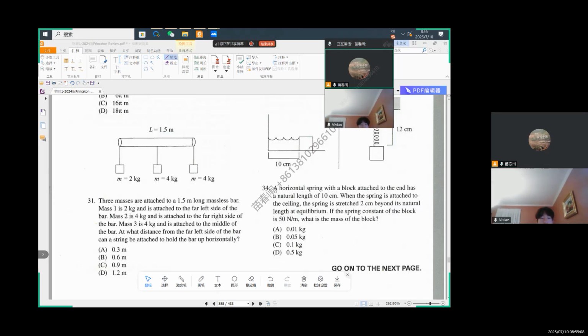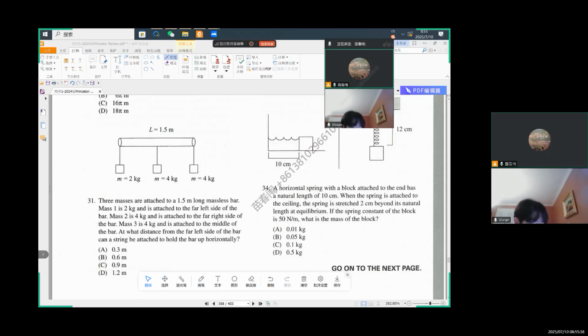We learned the torque, right? So basically the torque has to balance. We also learned equilibrium for rotation, right? You remember? When balanced, your clockwise and anti-clockwise torques should be balanced.